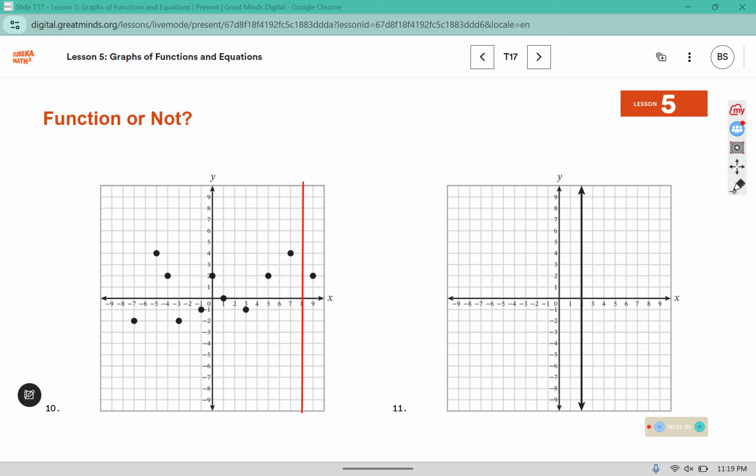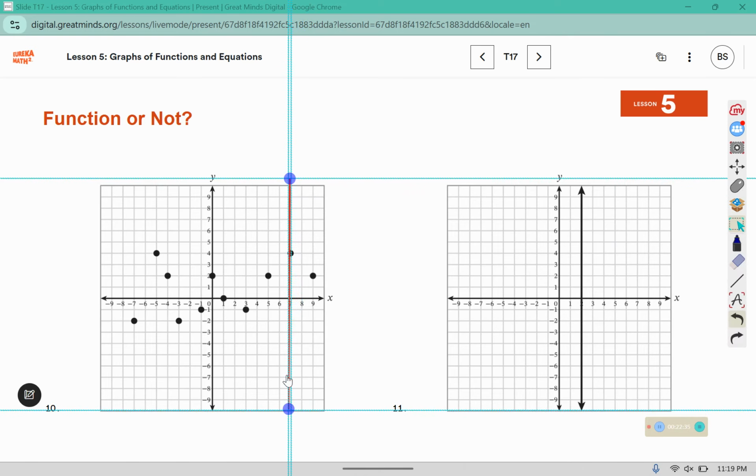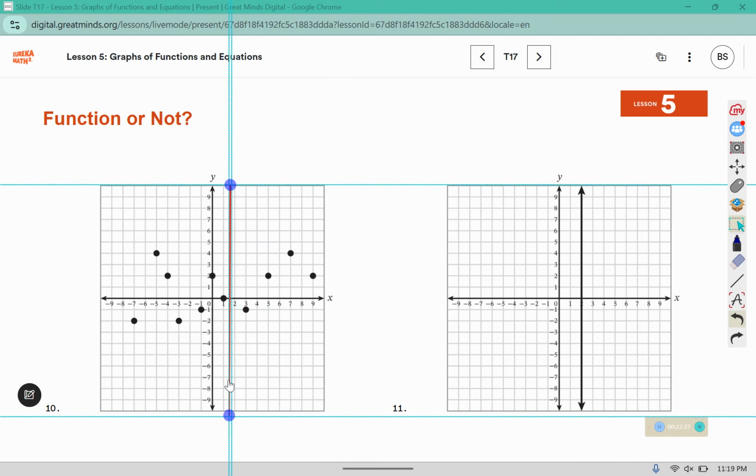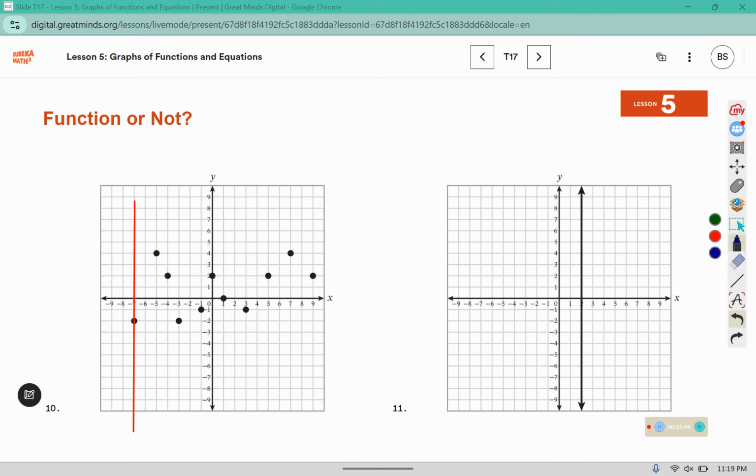Let's examine number 10. There's 1, 1, 1, 1. It's only ever crossing one point at a time, so this one is a function.